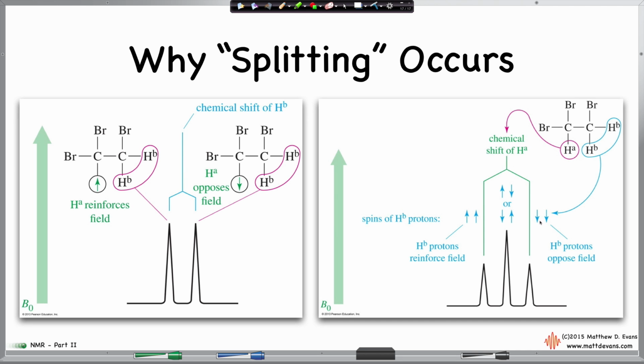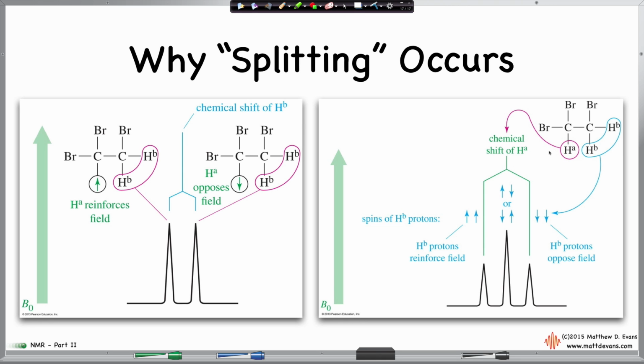And then finally, there's a chance that both these nuclear spins are going to be opposed to the external magnetic field, and that's why this little peak is the furthest upfield. Okay, so that's why it's a triplet, because it just depends on how the spins are orientated for these two neighboring hydrogens. We're really looking at the signal for this one. It's a triplet, and it's because there's a couple of different possibilities for the spins of these two, and they can have a big influence on what the chemical shift is for this one. So that's the essence of why splitting occurs.